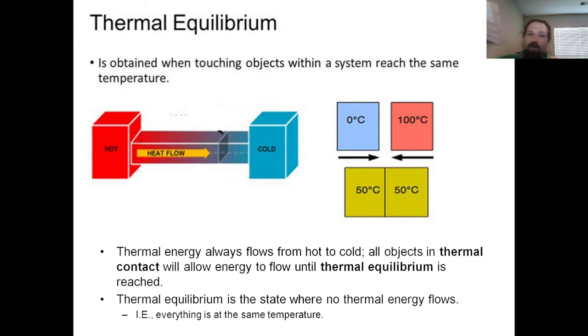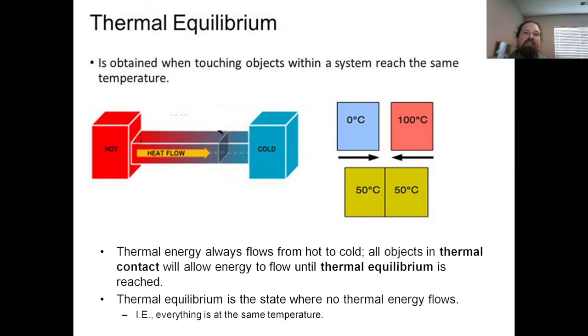So I have here some ice water. If I was to stick my finger in my ice water here, I'm at a warmer temperature than ice water is. Therefore, if I touch my ice water, thermal energy will exit my body and enter the ice water. And that process would continue until I and the water are at the same final temperature.